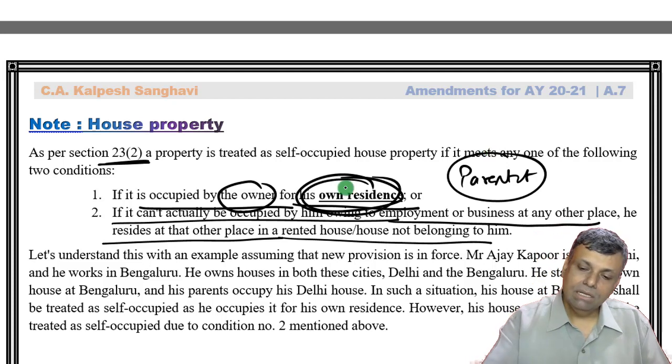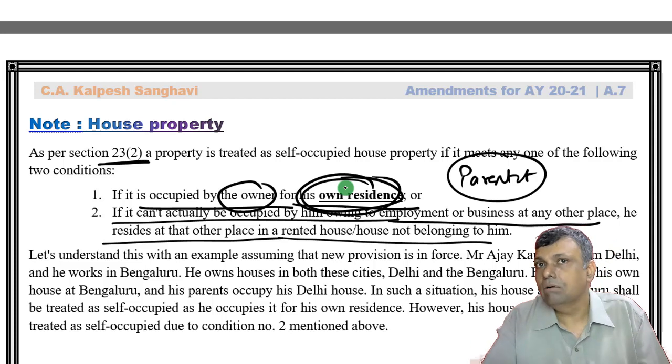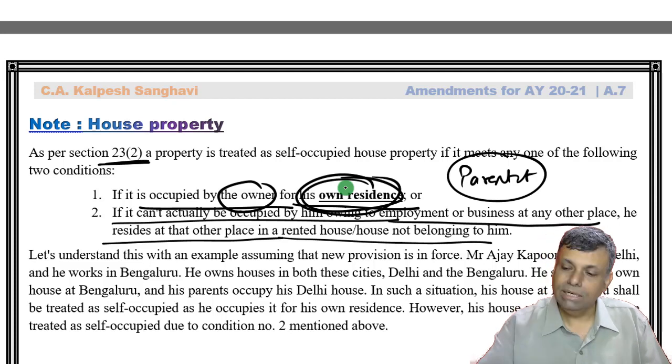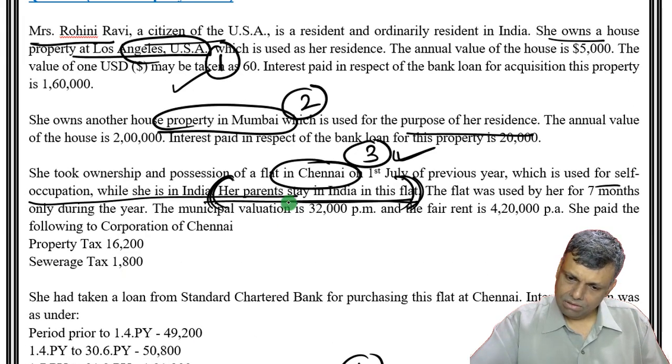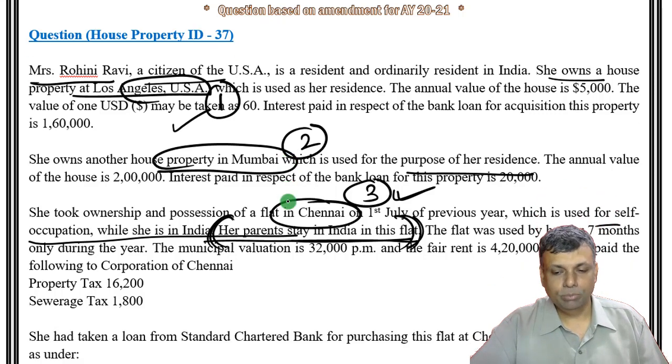Technically, it should be only for your own residence, this is how the law specifically says. So this is a debatable view, but we will go with the view that it can be taken as an SOP. Now friends, ultimately she is desirous of claiming these two properties as an SOP.